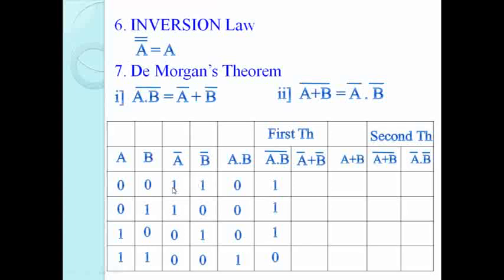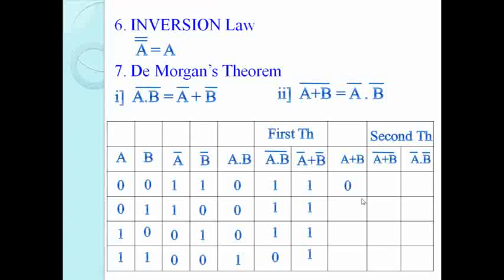Add these two numbers. So 1 plus 1 is 1, 1 plus 0 is 1, 0 plus 1 is 1, and 0 plus 0 is 0. So this is 0. So the first law is (A dot B) whole bar equal to A bar plus B bar.